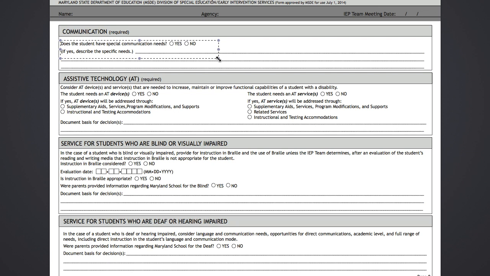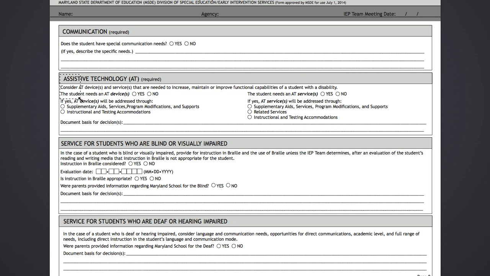So you want to think holistically about this question so that you can help the next IEP team or the next set of service providers really have a clear understanding of how the child communicates, because that is essential to learning. And the assistive technology section is also a consideration.